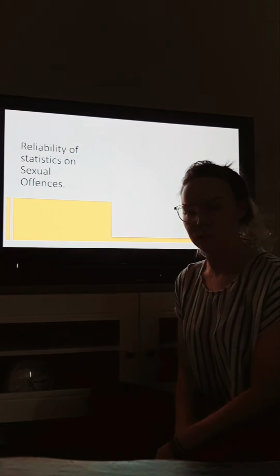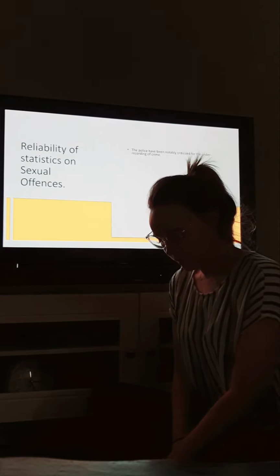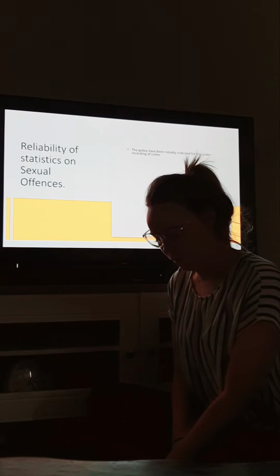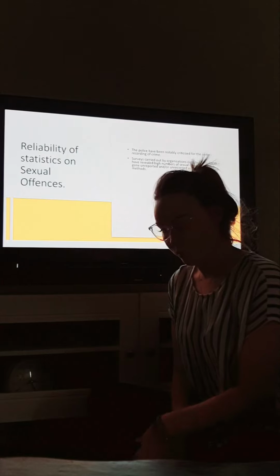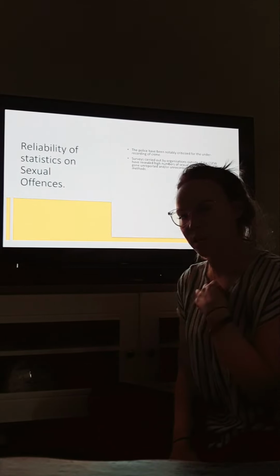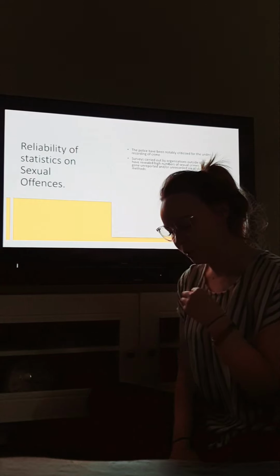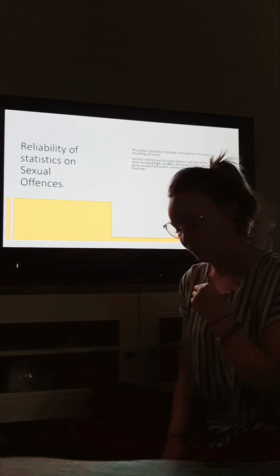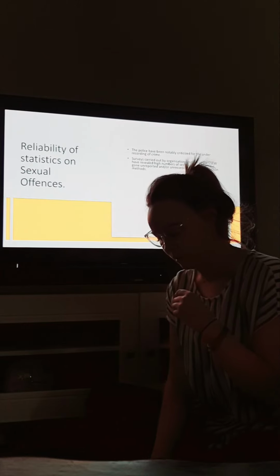Reliability of statistics on sexual offences. The police have been notably criticised for the under-recording of crime. Surveys carried out by organisations outside of the CSEW have revealed high numbers of sexual crimes that have gone unreported and/or unrecorded via the data collection methods.